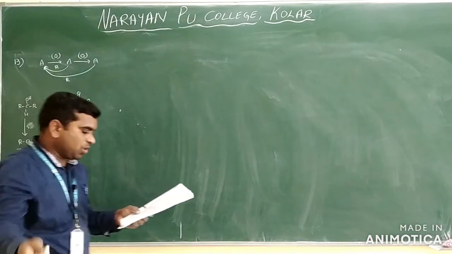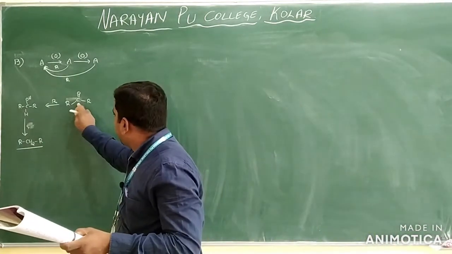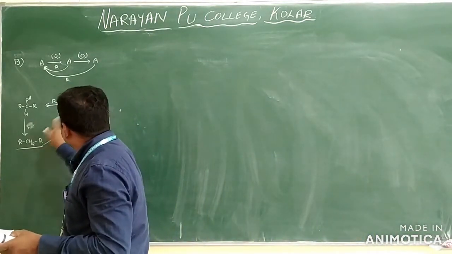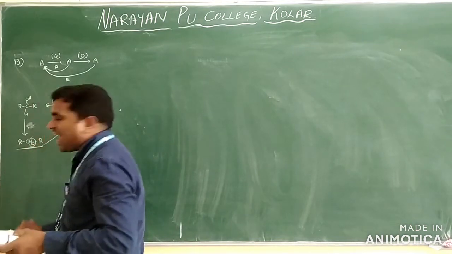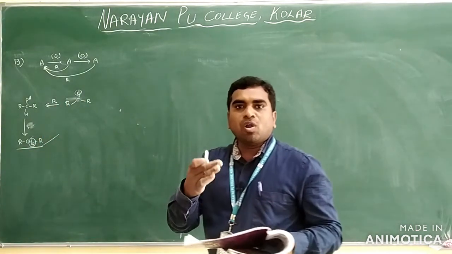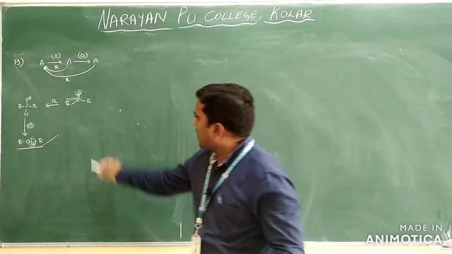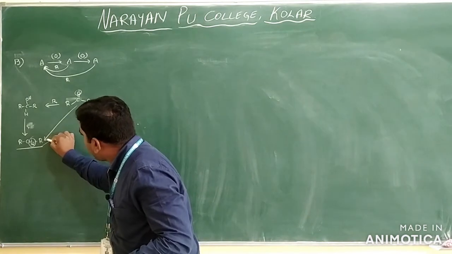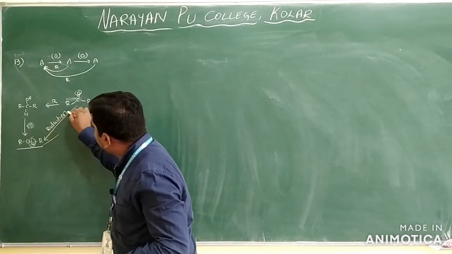Alcohols are reduced to alkanes. You see, RCOR is converted to RCH2R, meaning oxygen is removed and hydrogens are added. Removal of oxygen and addition of hydrogen we call a reduction. So that's why this is a reduction only.